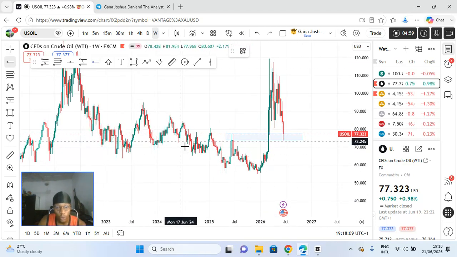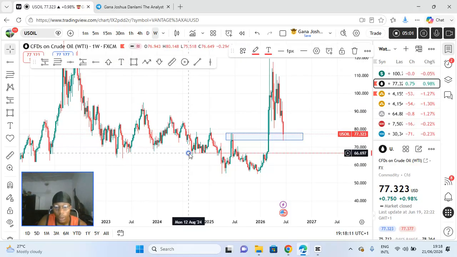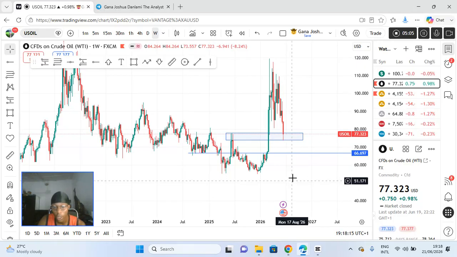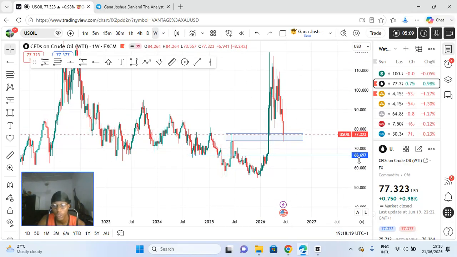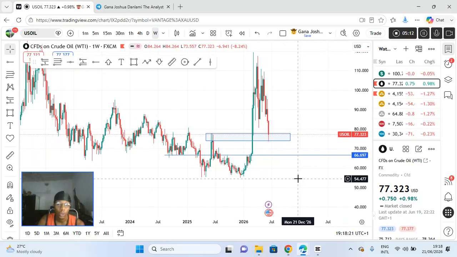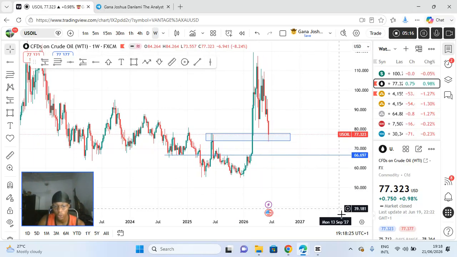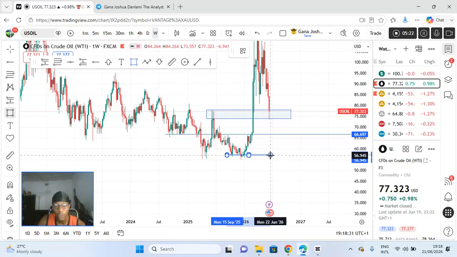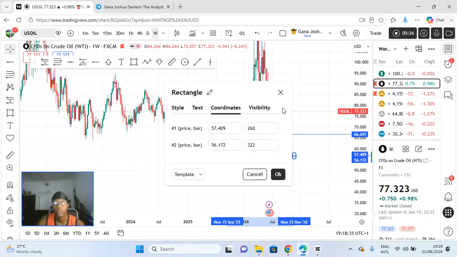Another level of support we could see here is this level. So it's either of the two, either this level or this level, which is around 66, where price is coming from. Price has the tendency to bounce from this level, maybe. We don't know, only one way to find out. And another level of support we are seeing here is this support level.